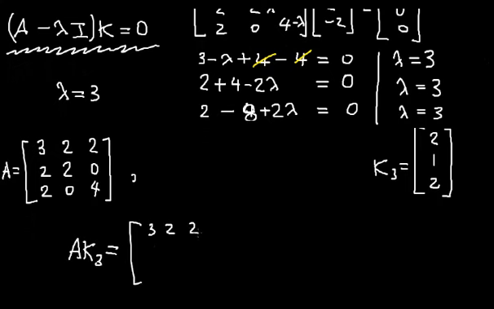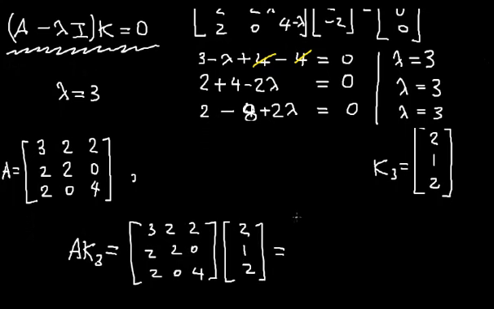So this matrix will be multiplied with the 2, 1, 2 vector. And when we do the multiplication, the result will be, so 2 times 3 is 6. No, sorry, we shouldn't write it down yet. So 2 times 3 is 6, then plus another 2 is 8, plus 2 is 10.